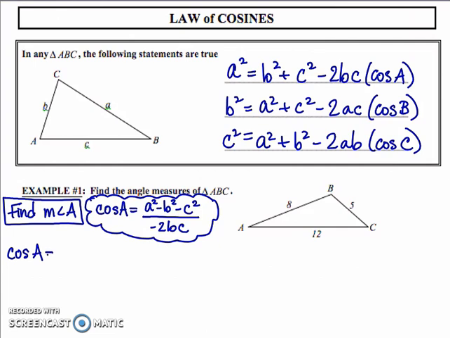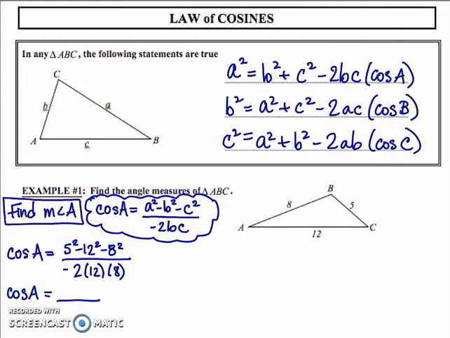So cosine A is going to be equal to 5 squared minus 12 squared minus 8 squared divided by negative 2 times 12 times 8. Then you grab your calculator, and I think it's easiest to simplify the numerator first and then the denominator.